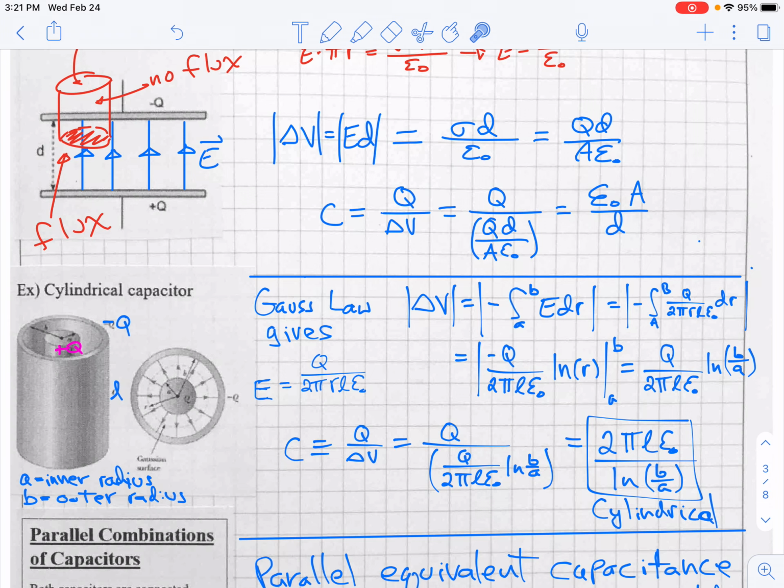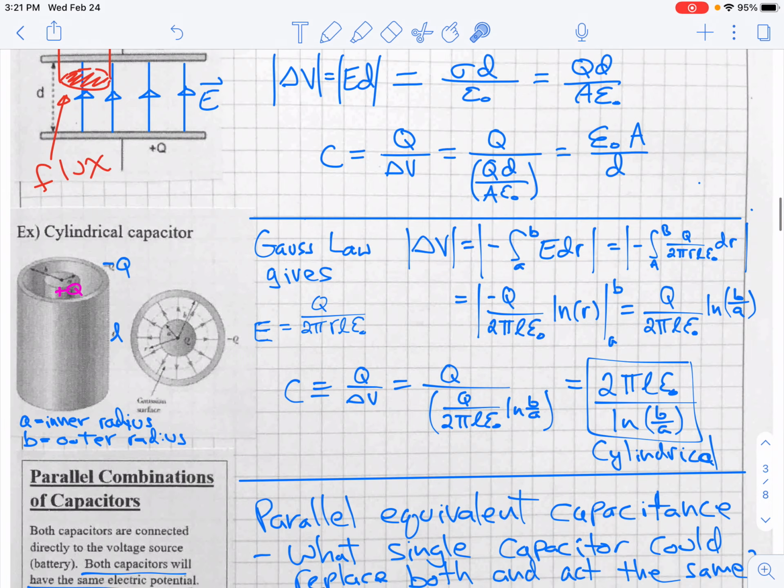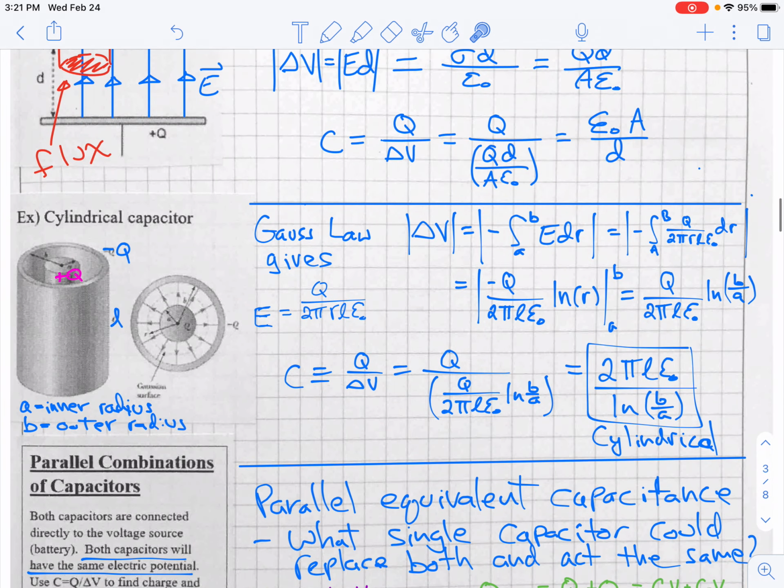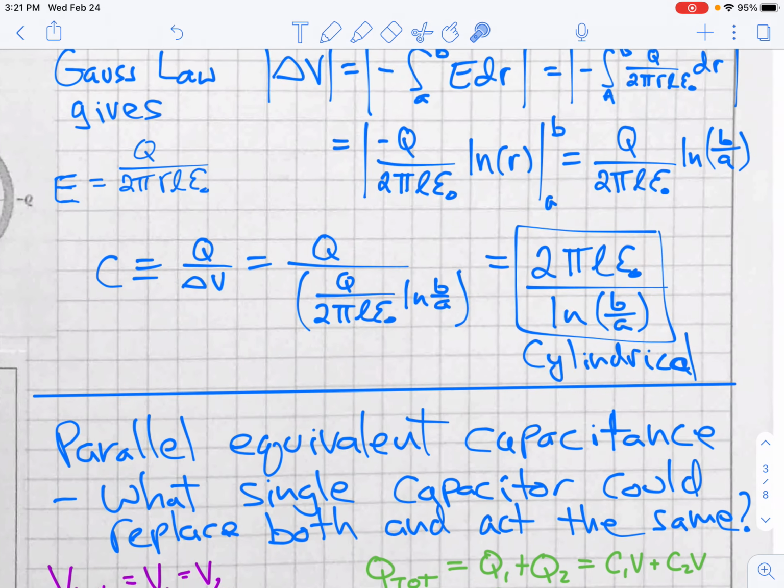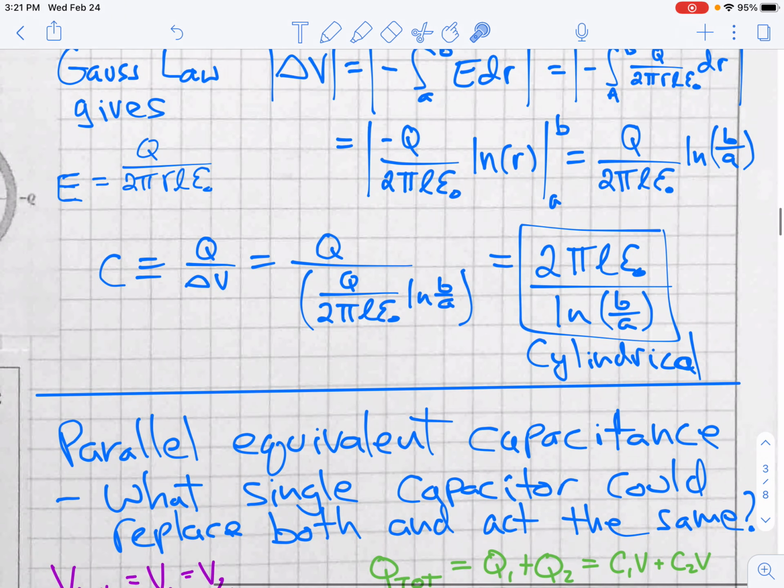So there is something called equivalent capacitance. The idea behind equivalent capacitance is if you had multiple capacitors hooked up in some kind of arrangement, what single capacitor could you use that would act the same?